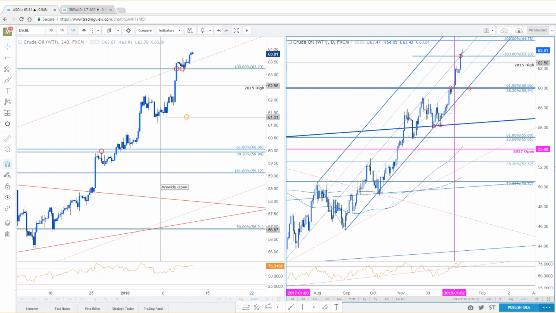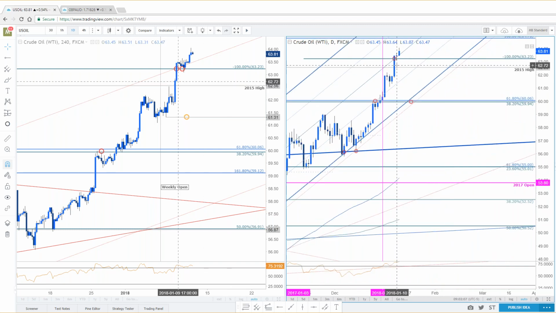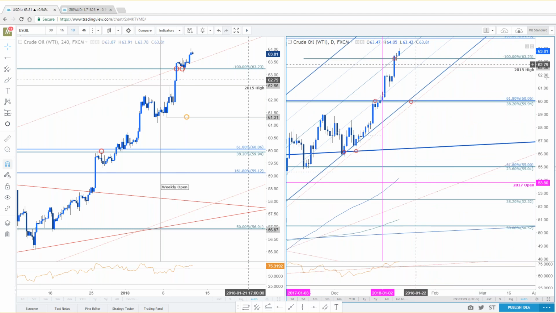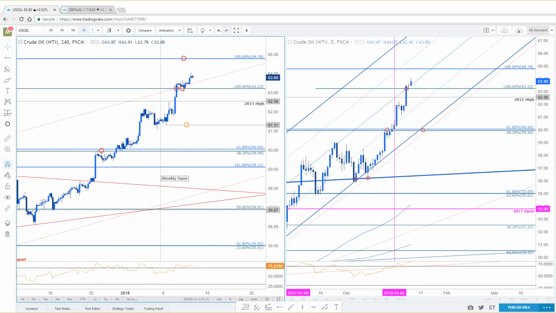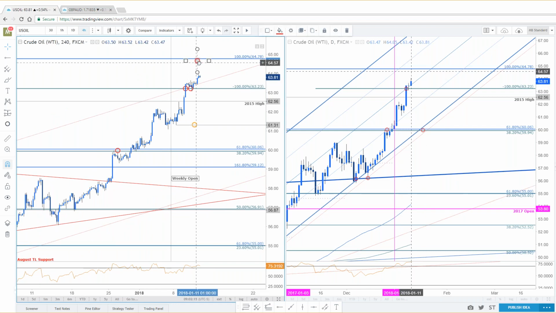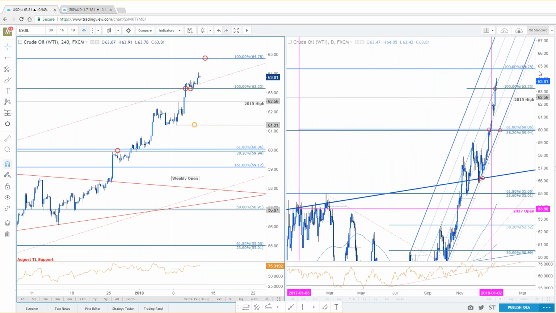Not only did we close above that, stretching high right here on the 9th, but yesterday we basically put in a doji right at that high, still closing above 63.23, and then here we are again. Remember, the next big level is still 64.78 on the upside, and that would be a completed 100% extension.